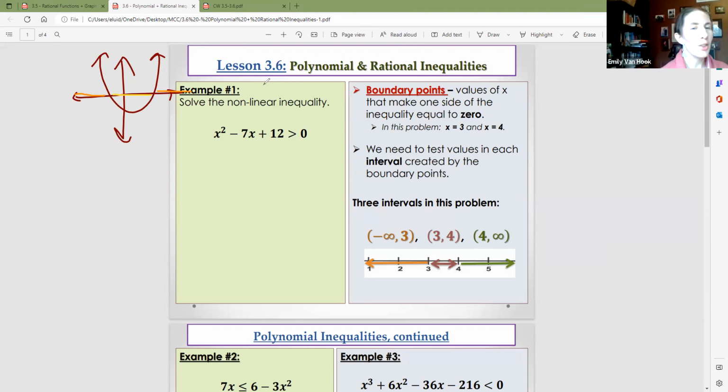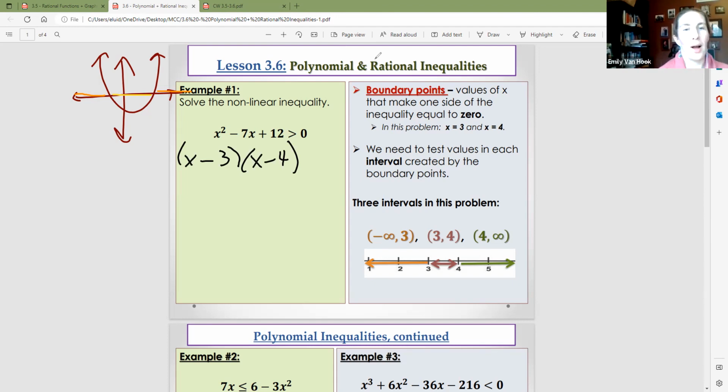Okay, forget the parabola. We're not graphing. We're solving by factoring. But again, just to put a little visual with it, this is the type of solutions that we would expect, one or more of those intervals. Okay, let's solve by factoring. So x squared minus 7x plus 12. We're going to factor that into (x minus 3)(x minus 4).